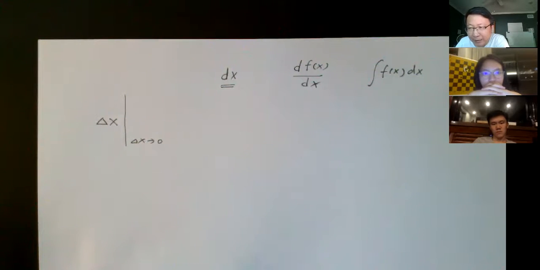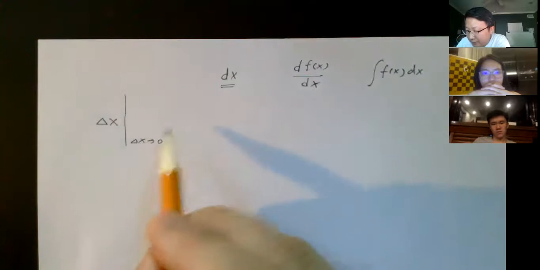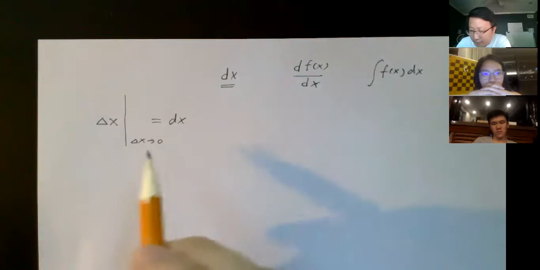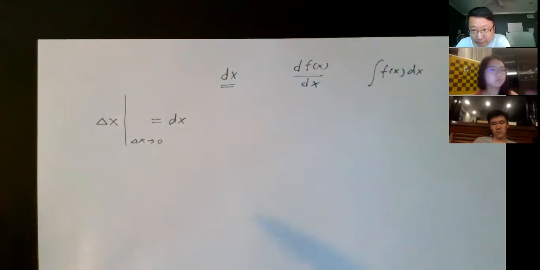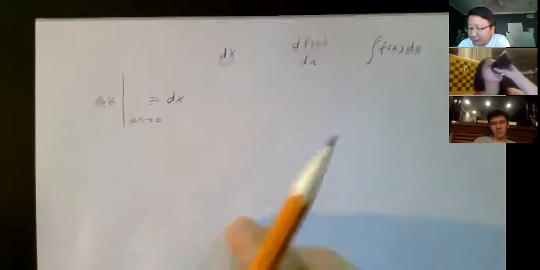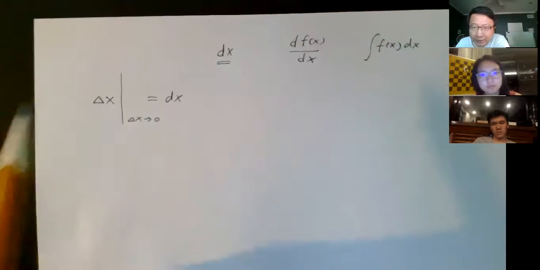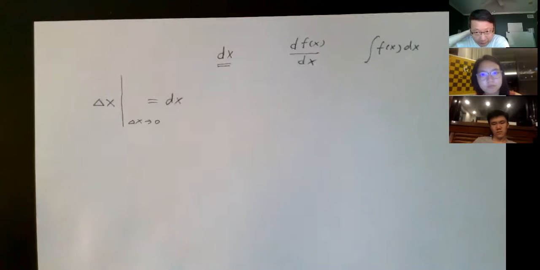I think it's taught by a Stanford or MIT college student, said the exact same thing. So this become dx, right? But dx is not zero, okay, but it's approaching to zero. So this is an important concept which doesn't exist before calculus, right? Before calculus didn't have this concept.